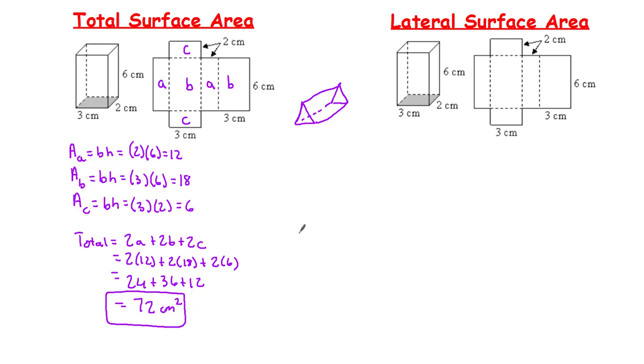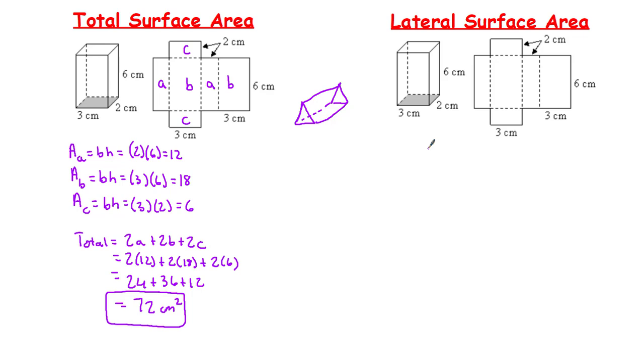Now, when we talk about lateral surface area, the lateral surface area is the area of the sides of a figure, which does not include the top nor the bottom of the figure. If you think about a room, if you want to paint the lateral surface, you would paint the walls only and exclude the ceiling as well as the floor.